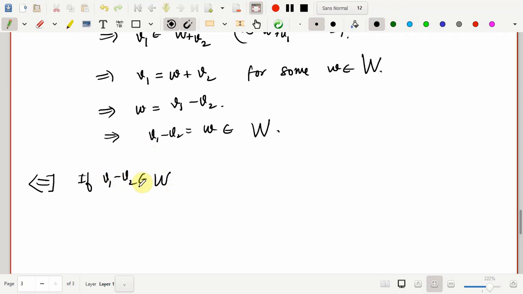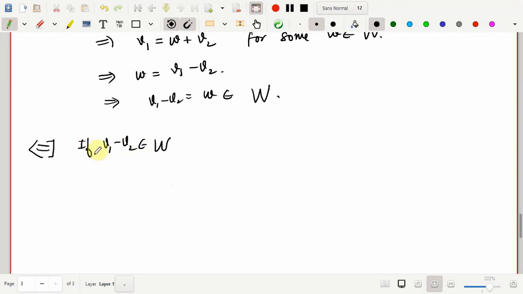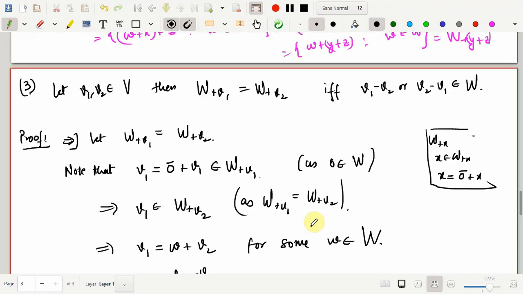So if V1 minus V2 is in W, then by the above property, we know that W plus V1 minus V2, that is the coset generated by this V1 minus V2, is the same as W by observation 2.